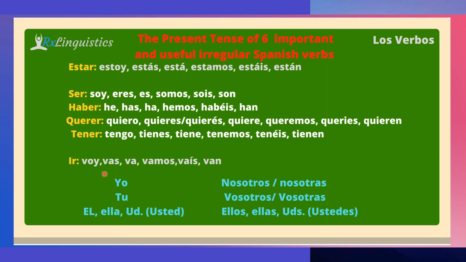Ir is to go. Voy, vas, va, vamos, vais, van. Yo voy, tú vas, ella va, nosotros vamos, vosotros vais, ellos, ellas, ustedes van. But besides knowing the present tense of ir for its own sake, it's also kind of a helping verb in a way that you use it to form a near future.